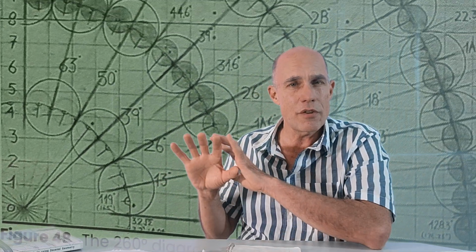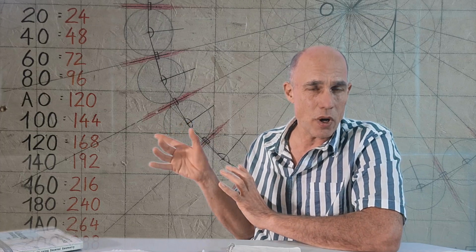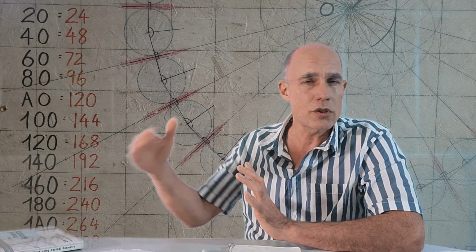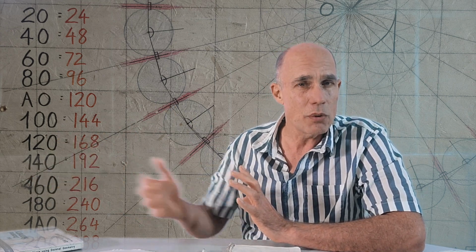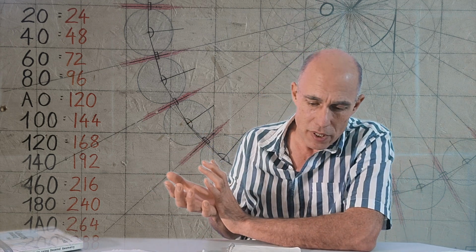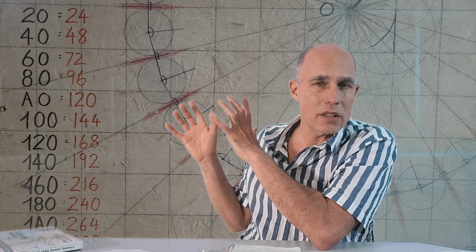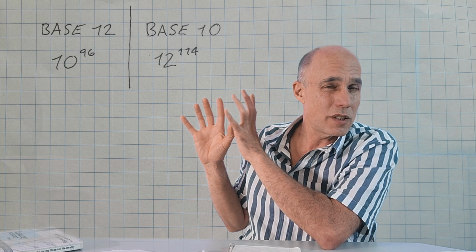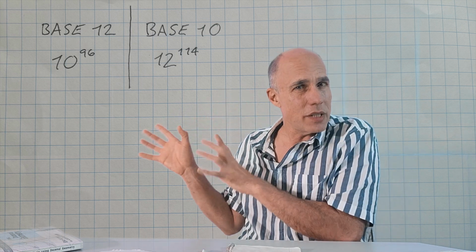So we start off, the very first ring of the diagram for 360 degrees generates 24 points in base 10. So that's 2 do, or it looks like 20 in base 12. And then when we go through the process of growing the circle exponentially, we realize that the last ring of the diagram gives us a number that looks like 10 to the 96th, but that's the base 12 number.